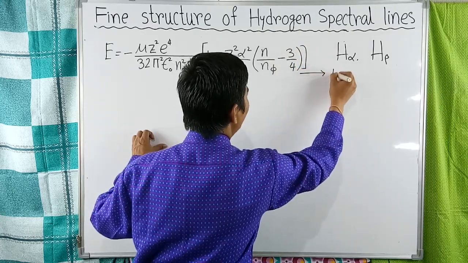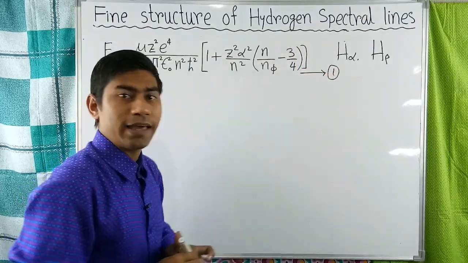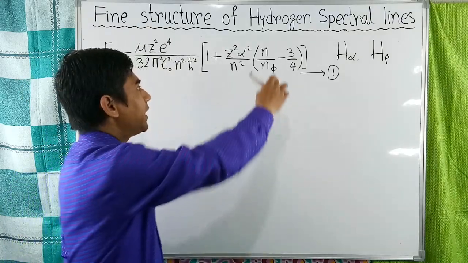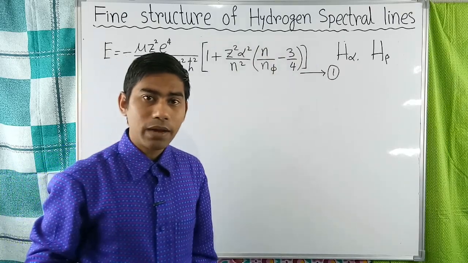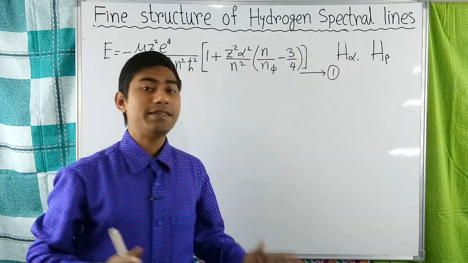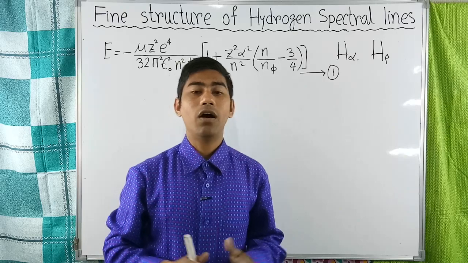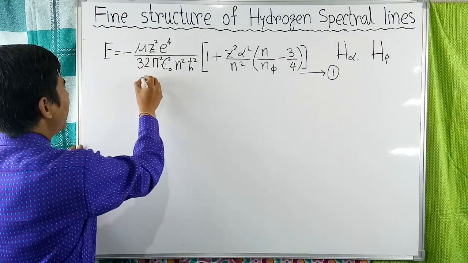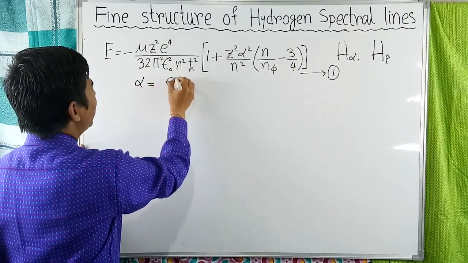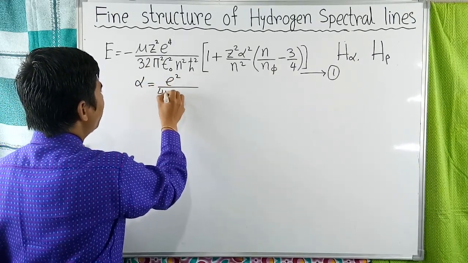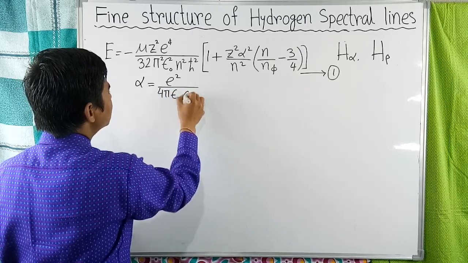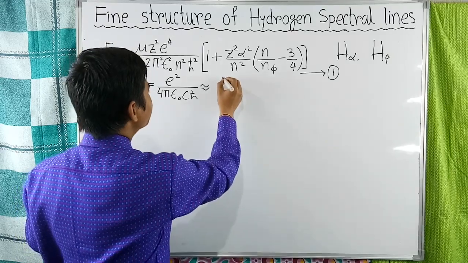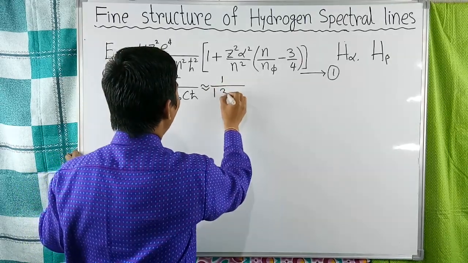Suppose this is equation 1. Here mu is the reduced mass, n is the principal quantum number and n phi is the azimuthal quantum number of the single atomic electron, and alpha equals e squared by 4 pi epsilon 0 c h cut. Its value is approximately 1 divided by 137.